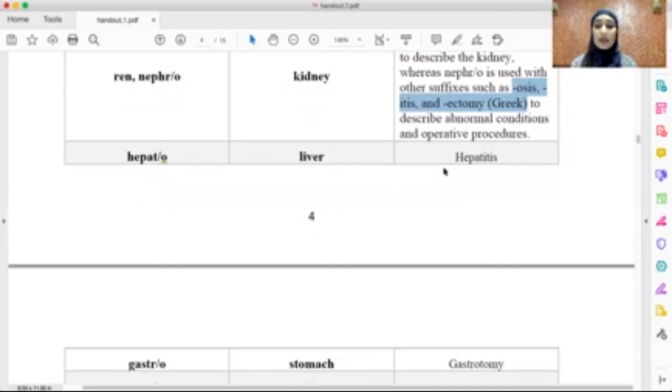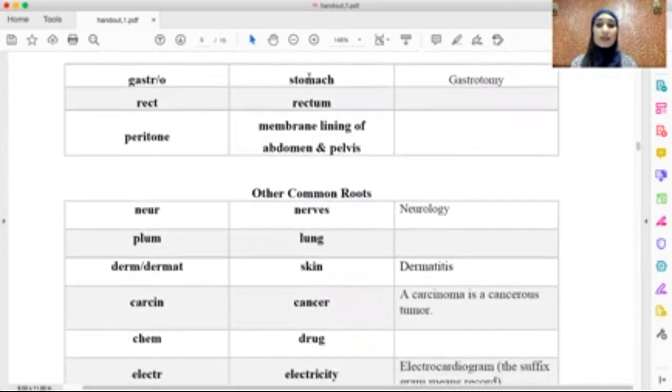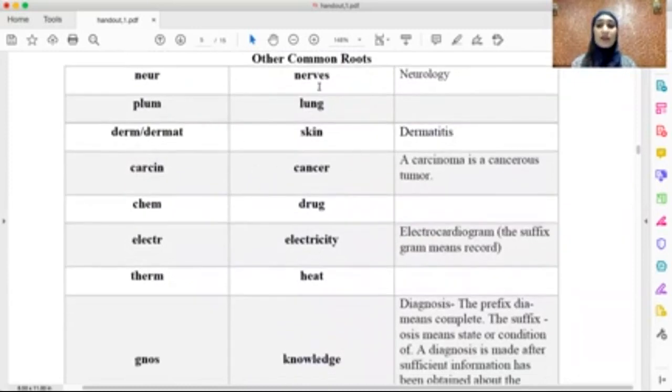Hepato means liver, like hepatitis. We have gastro, meaning stomach, like gastrotomy. We have rectum. We have periton, referring to the membrane lining the abdomen and pelvis. We have other common roots, like neuro, referring to the nerves, as in neurology.